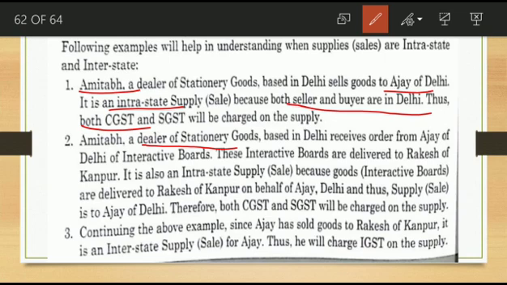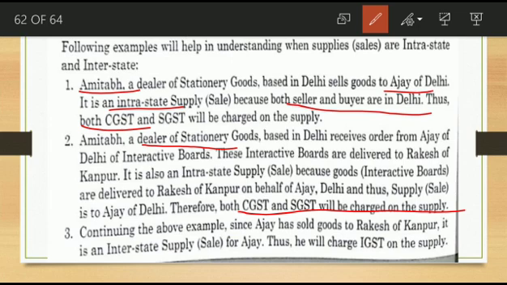There is a sale to Ajay of Delhi, therefore both CGST and SGST are charged on the supply, since both are in Delhi itself. In such cases CGST and SGST are charged, sharing the rate by half.